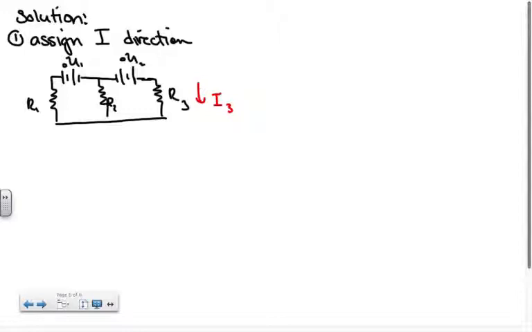So it's going to go this way, and thus I2 will come up that way.